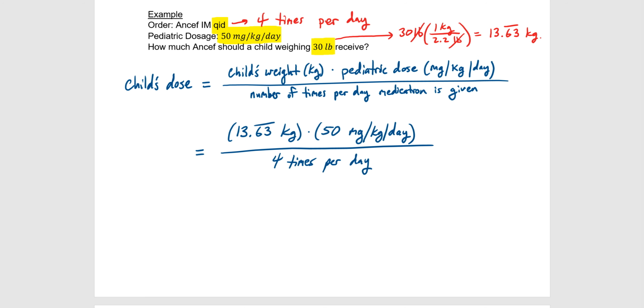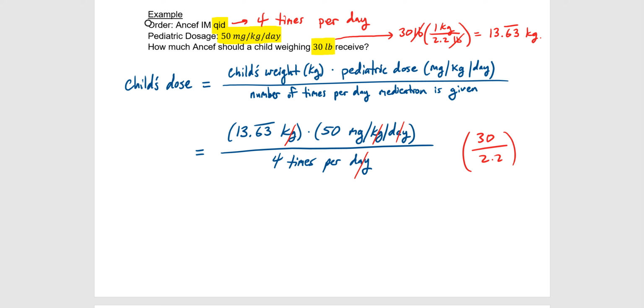So we have everything plugged in here. We notice that the kilograms are going to cancel, and the per days cancel. So when we're typing that 13.63 repeating value into the calculator, what you could do to get around that is, instead of using 13.63 repeating, you could just use the value from the conversion, which was up here. You can just use 30 divided by 2.2 and put it in parentheses.